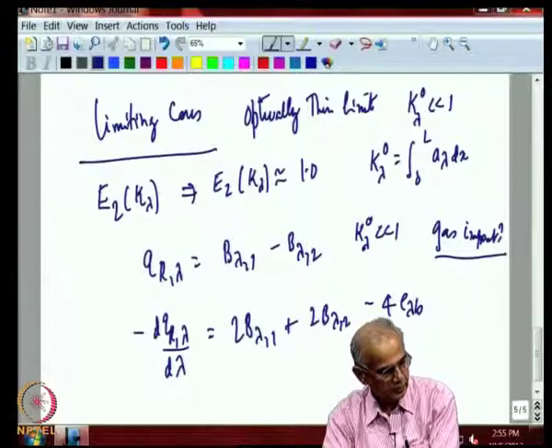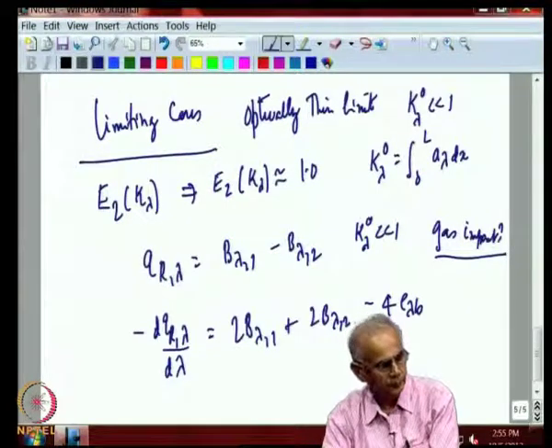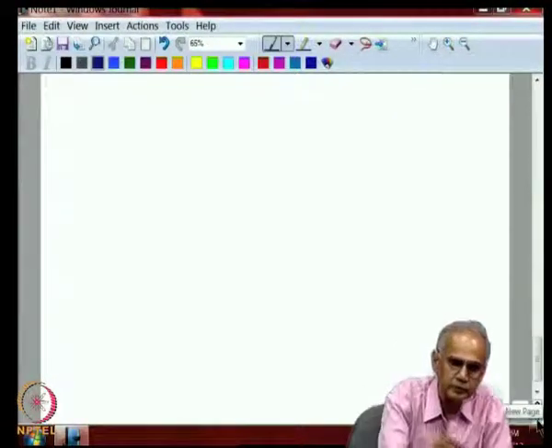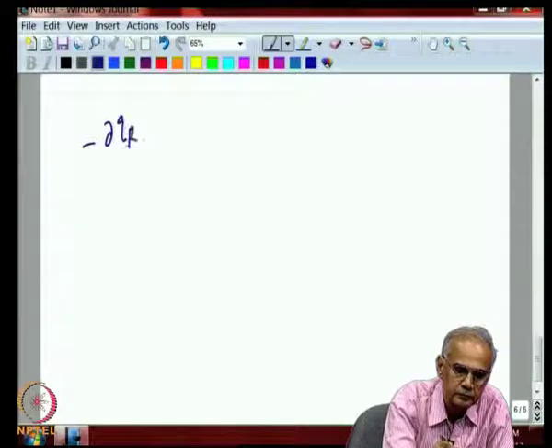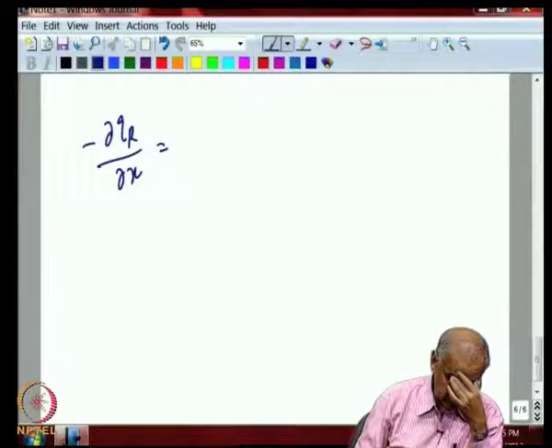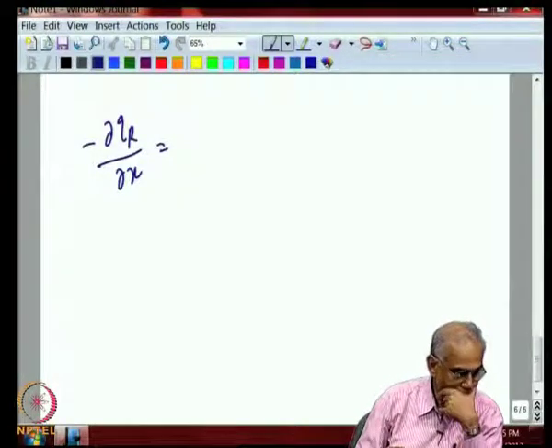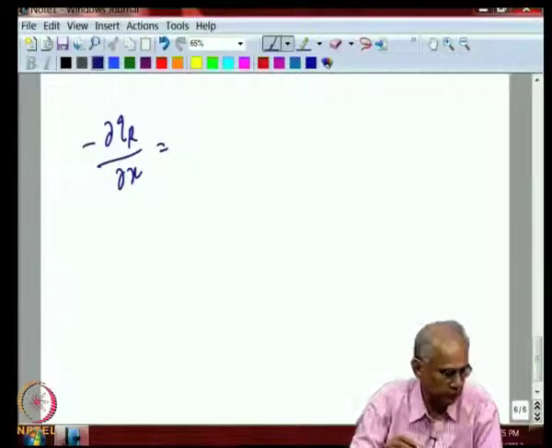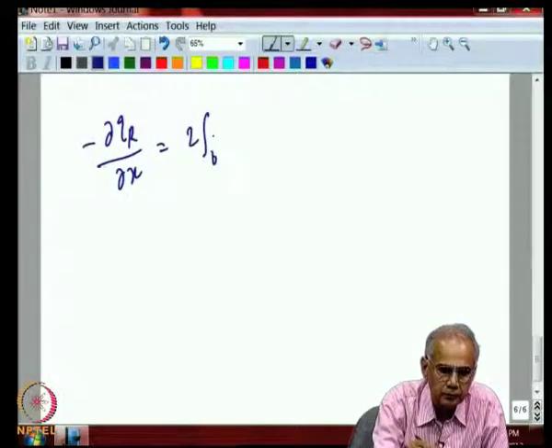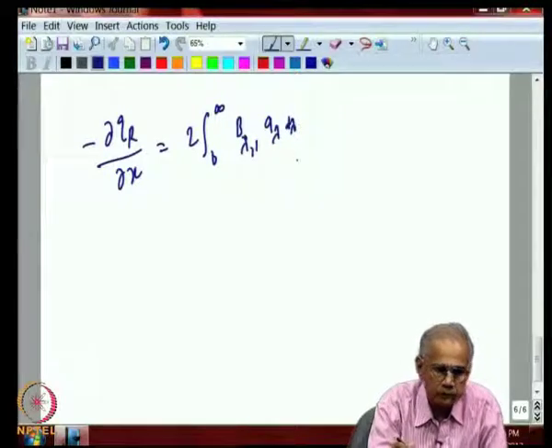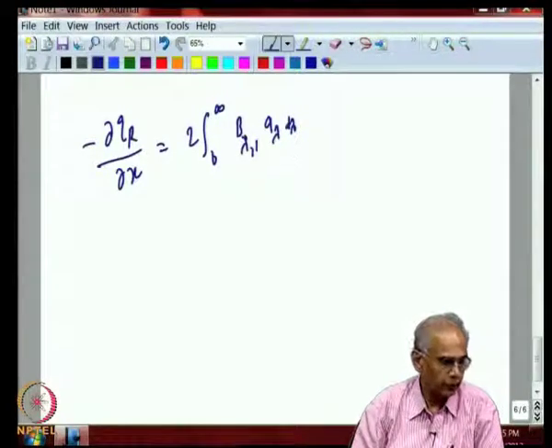Now, to illustrate how this can be solved, I take the thin limit and ask myself what is dq by dx. We integrate the previous expression over lambda to get this. So, this expression becomes fairly simple. We are integrating over wavelength now.